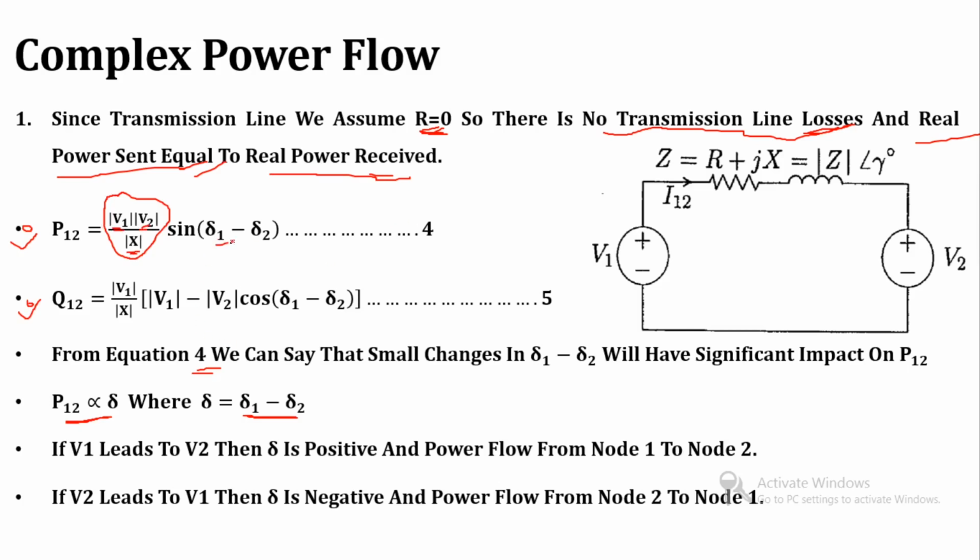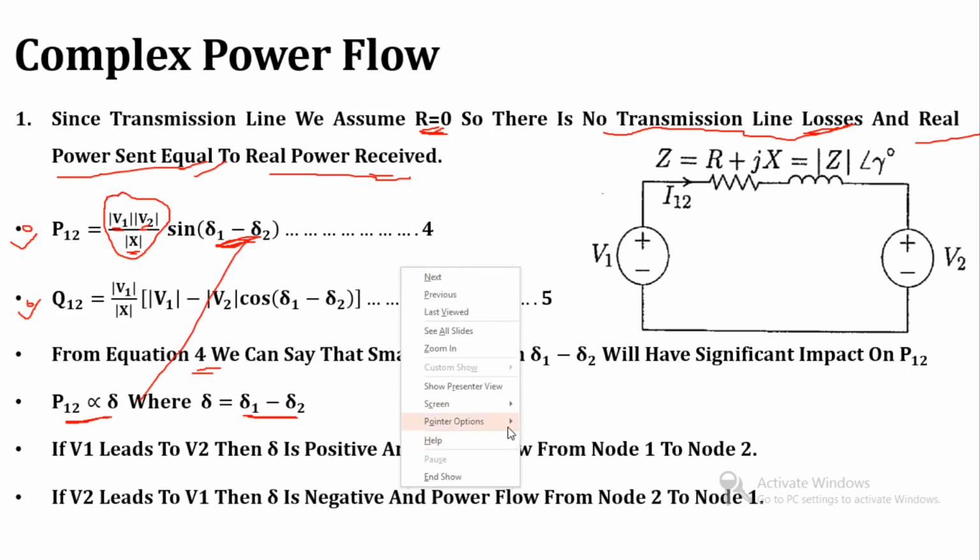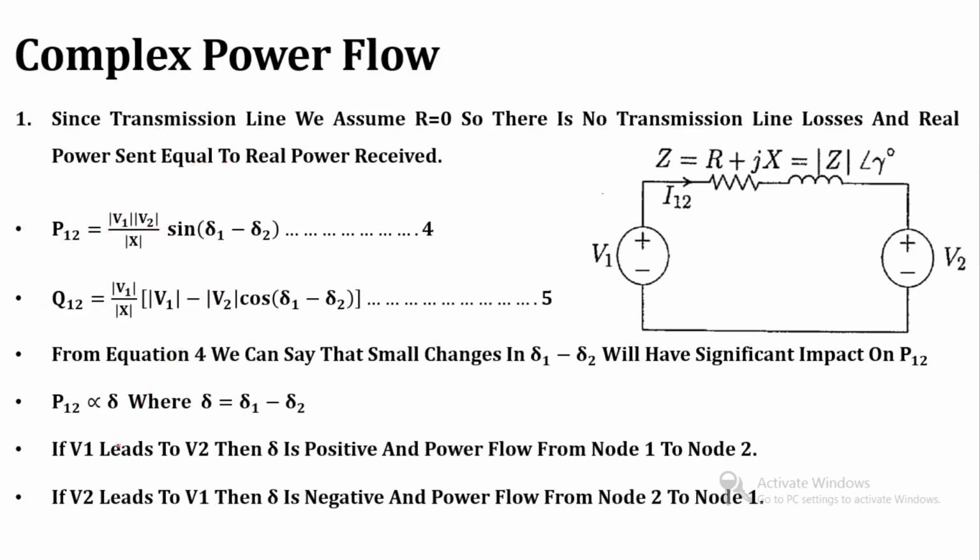So we can say that power will totally depend on the sine of the angle delta 1 minus delta 2. So active power is proportional to delta, and delta is equal to delta 1 minus delta 2.